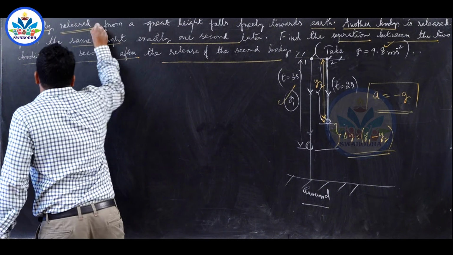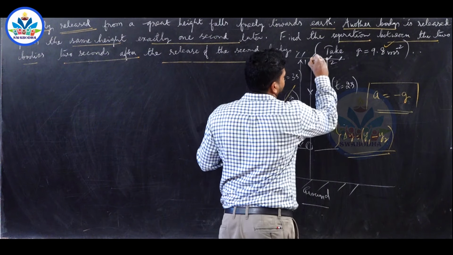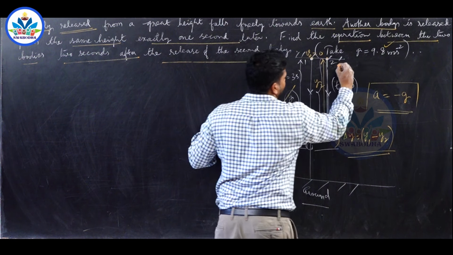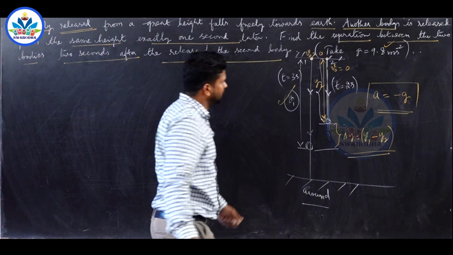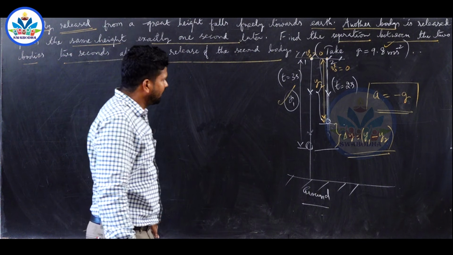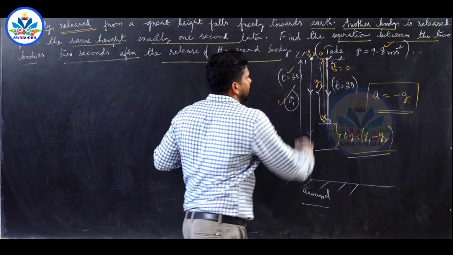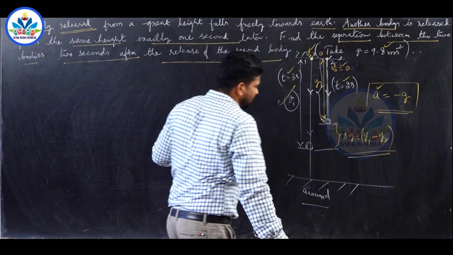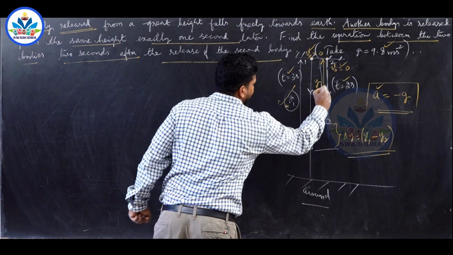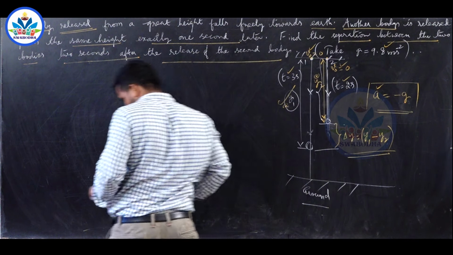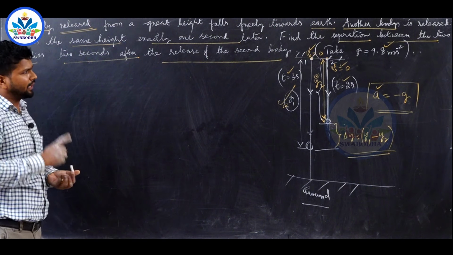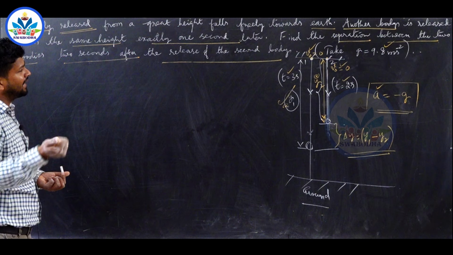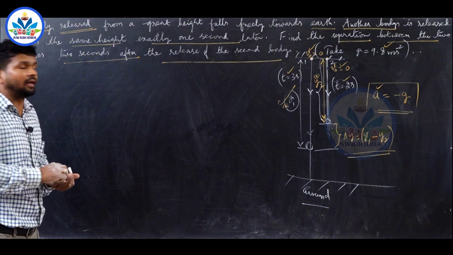Both the bodies are released, so the initial velocity is 0 for both bodies. Time is known, initial velocity is known, acceleration is known. You are supposed to calculate the displacement, y2 and y1, by knowing initial velocity, acceleration and time.